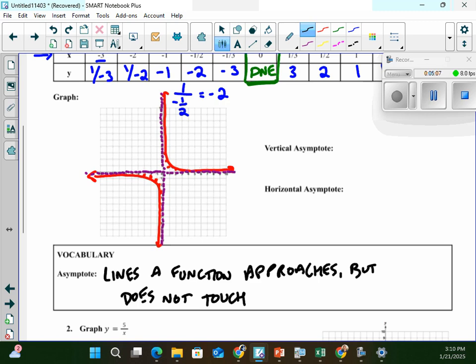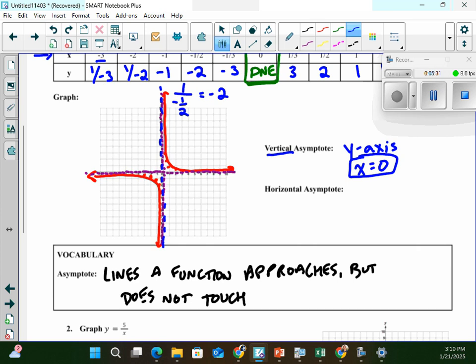Now, in this case, we already said the function is approaching the y-axis, which we call the vertical asymptote. The y-axis is the vertical asymptote in this case, which gives us the equation x equals 0.